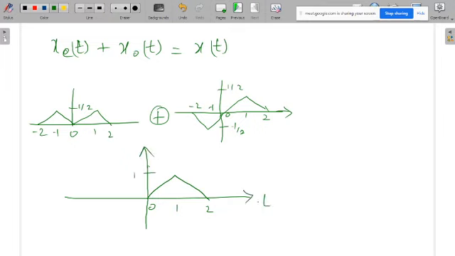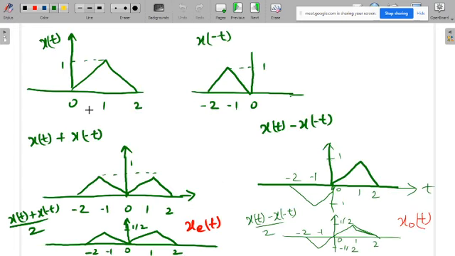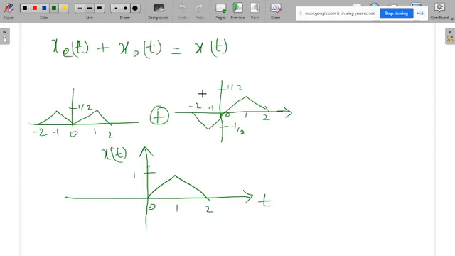So this is the original signal x of t. Just from the original signal we extracted the even component and odd component, and finally to verify, adding the even part and the odd part produces the original signal x of t.